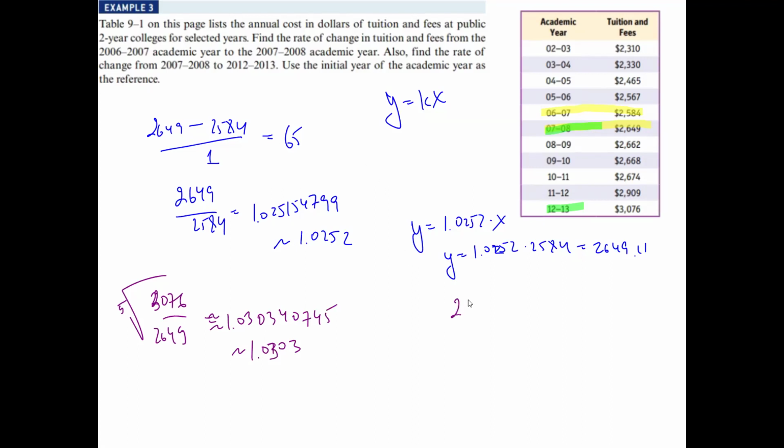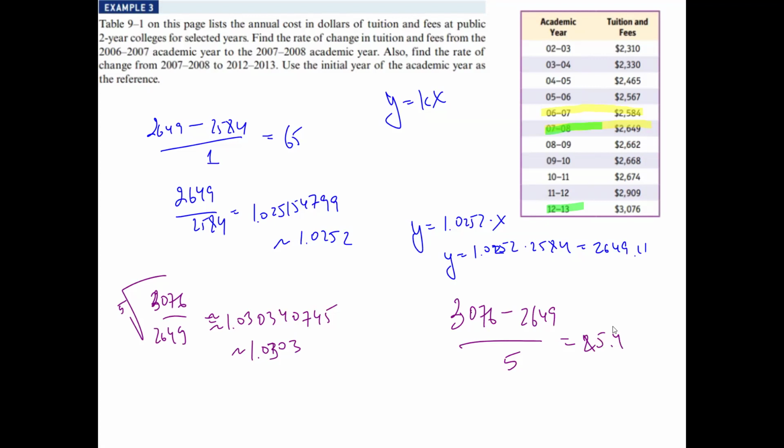If you want to do that number, so 3076 minus 2649 over 5. That will be the average increase in dollars, right? So 3076 minus 2649 divided by 5, 85.4.